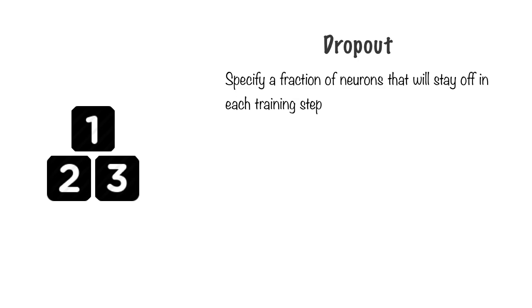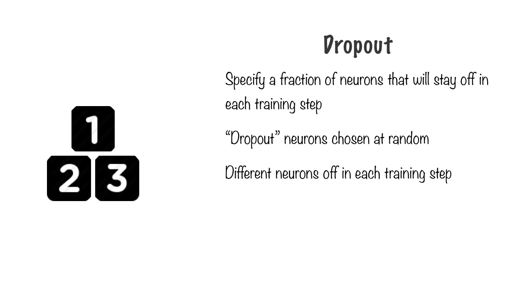Neural networks typically use dropout as a mechanism to prevent overfitting to the training data. In every training run, you'll specify a fraction of neurons within your neural network that will stay off, and a different set of neurons will be chosen at random for every training step.